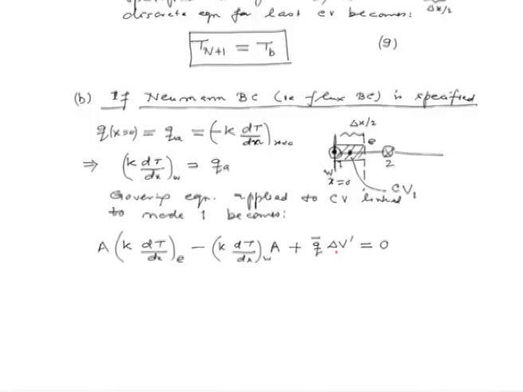And we have to be careful about what delta V prime is now. This delta V prime would be A times delta x by 2.